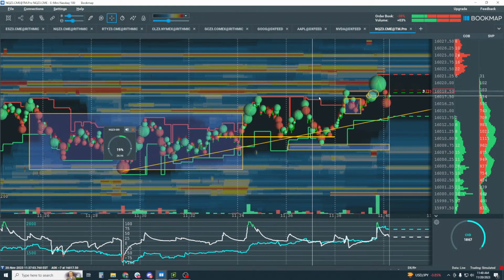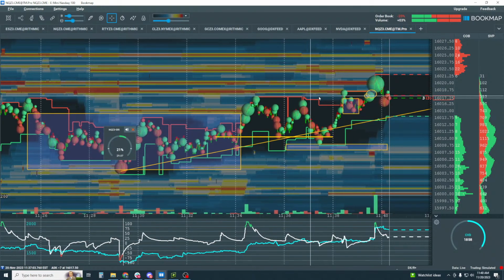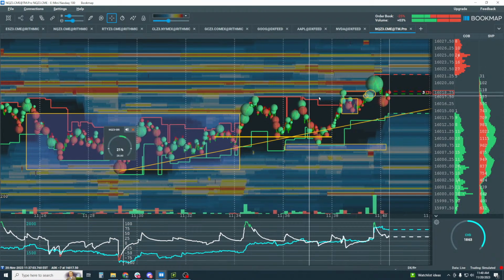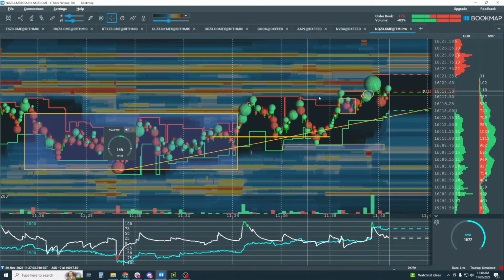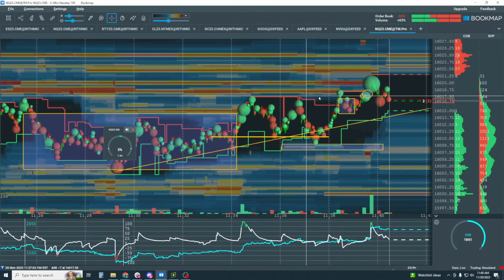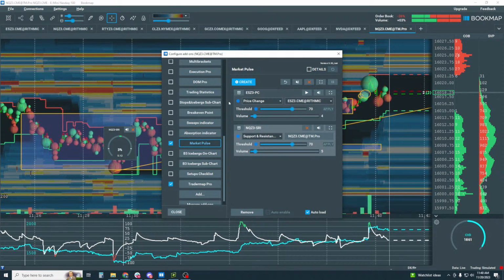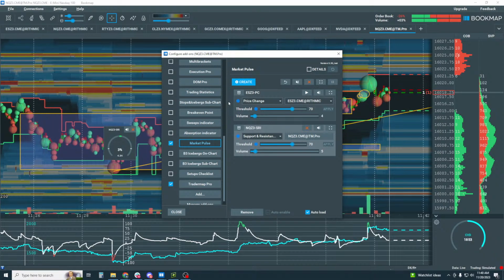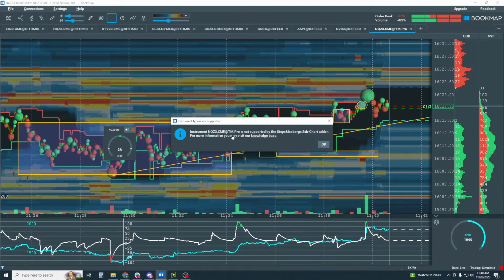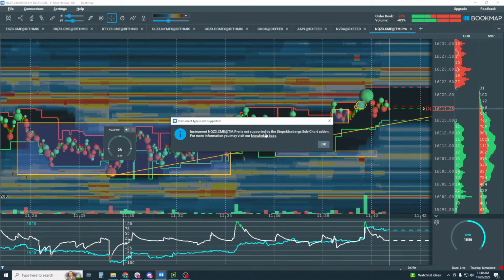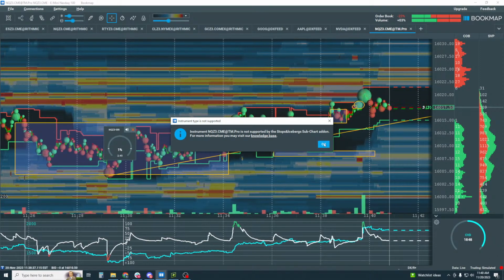So yeah, we have to deselect it, unless you want to look at filtered stops and icebergs, or at least icebergs. I think we can show stops. Yeah, see how it says it's not supported by this instrument here. You can go to the knowledge base and it'll tell you why.